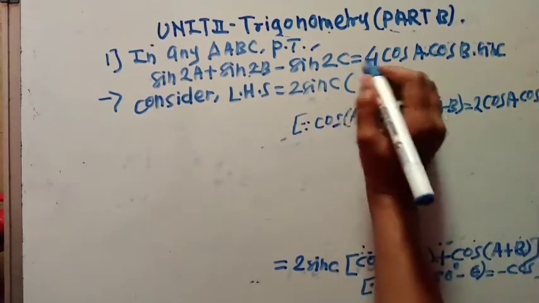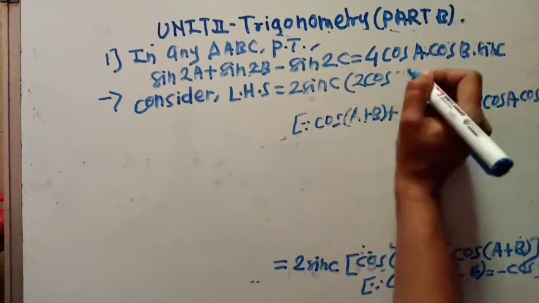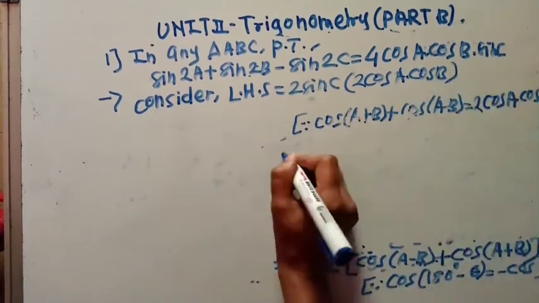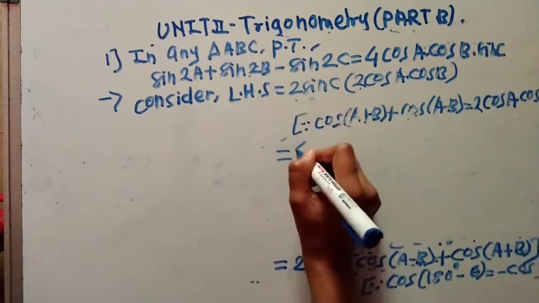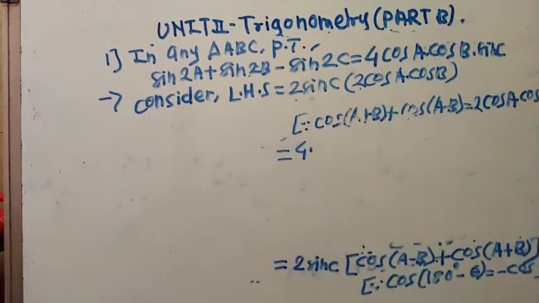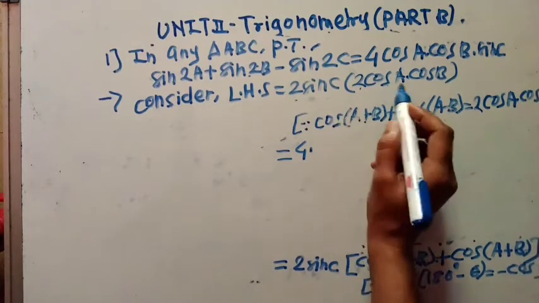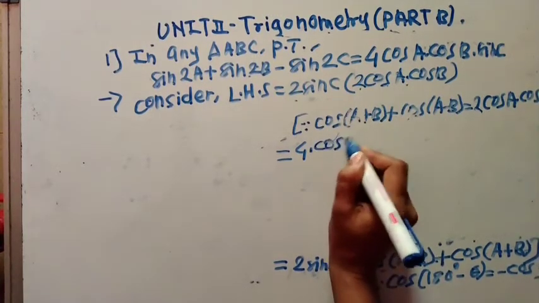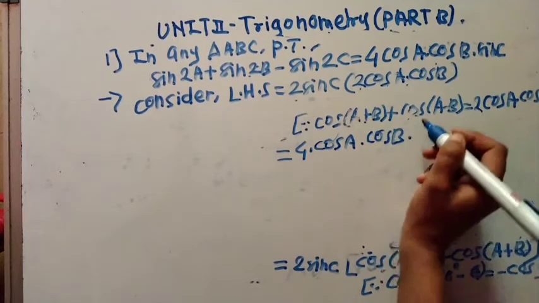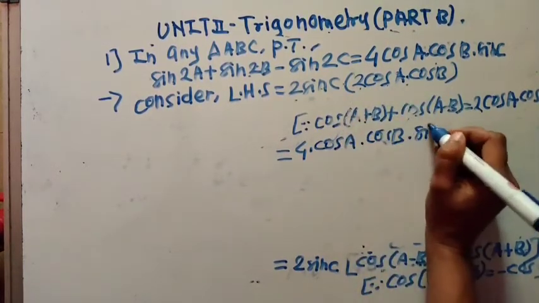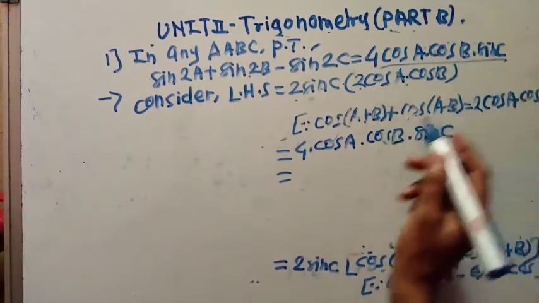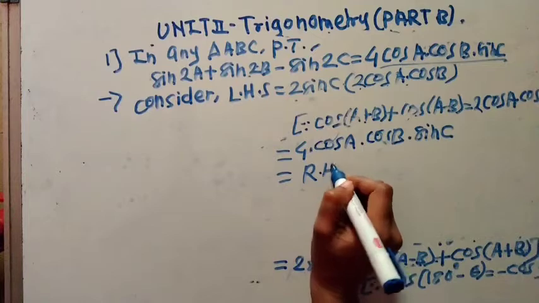put 2 cos A into cos B, but 2 into 2 is 4 into cos A into cos B into sin C, and which is equal to this, the right hand side.